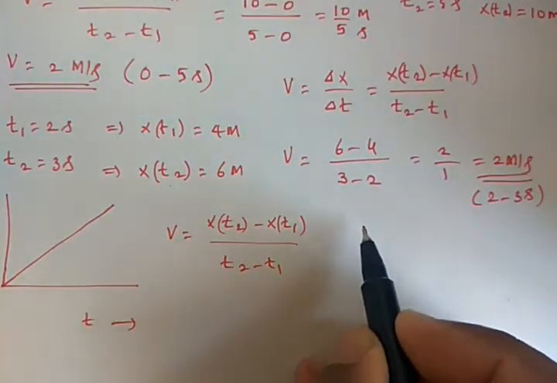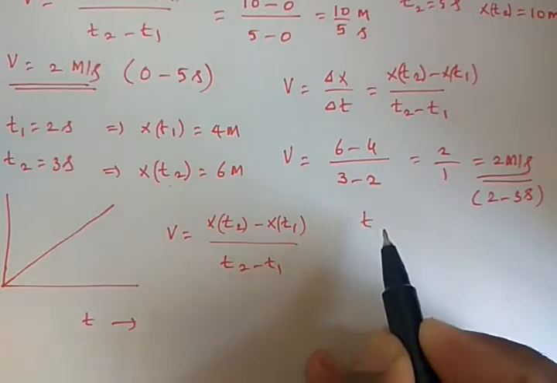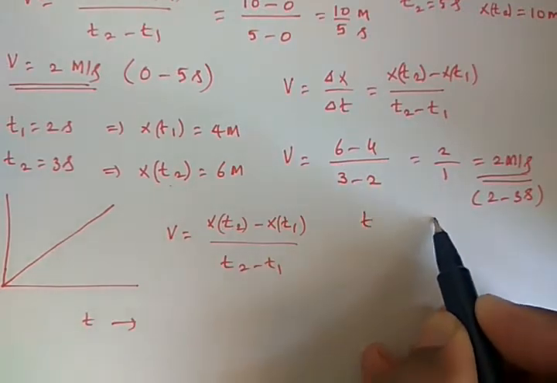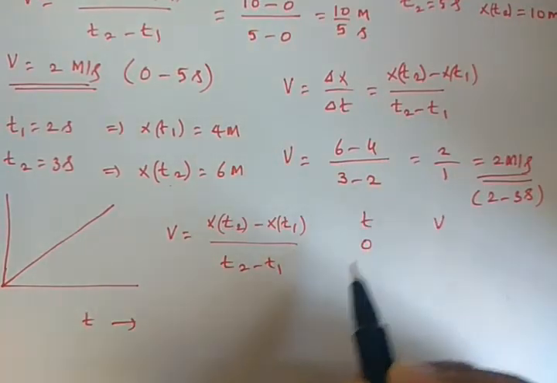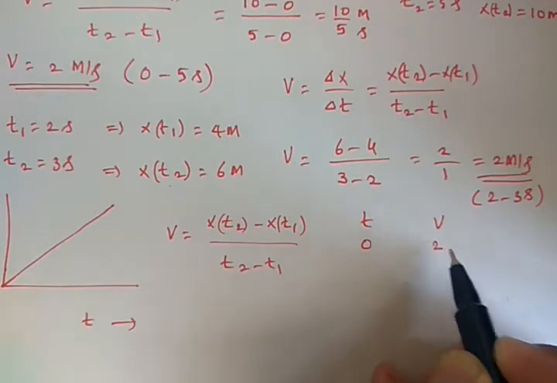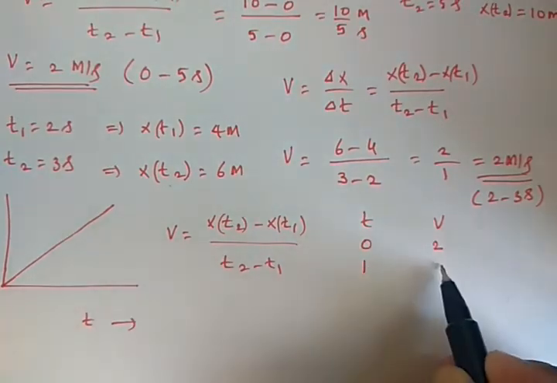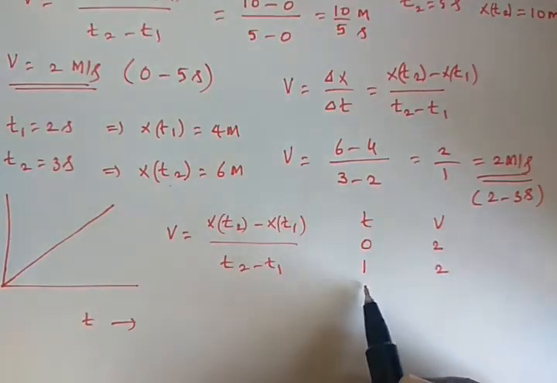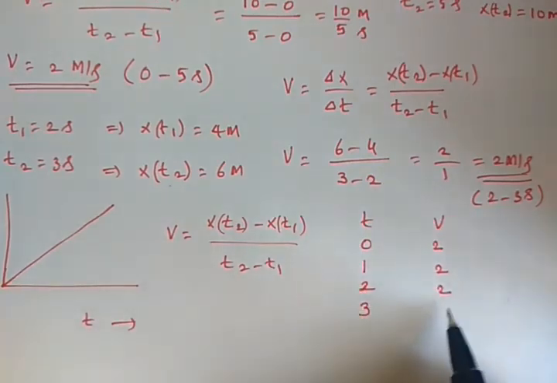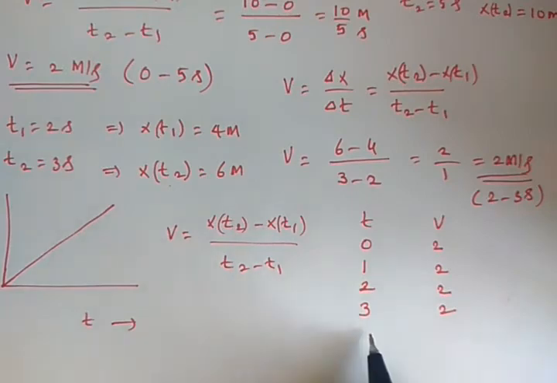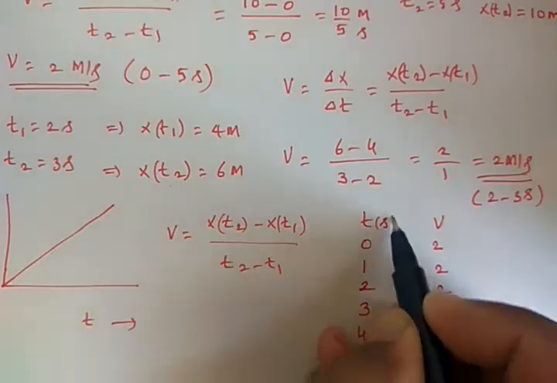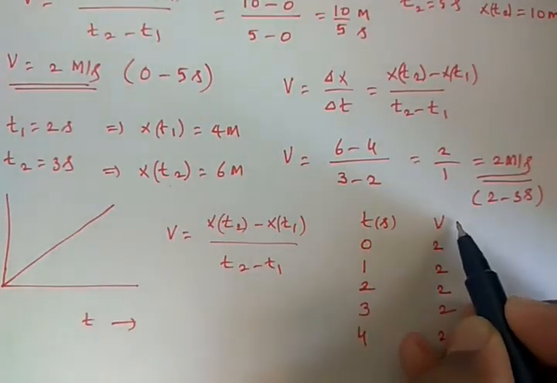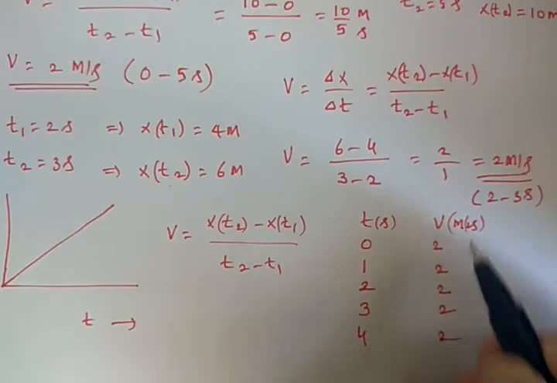So it means when time t equals 0, velocity is 2, time t equals 1, velocity is 2, and when time t equals 2, velocity is again 2, and time t is 3, velocity is once again 2, and time t is 4, velocity is once again 2 meter per second. Here time is measured in seconds and velocity is measured in meter per second.